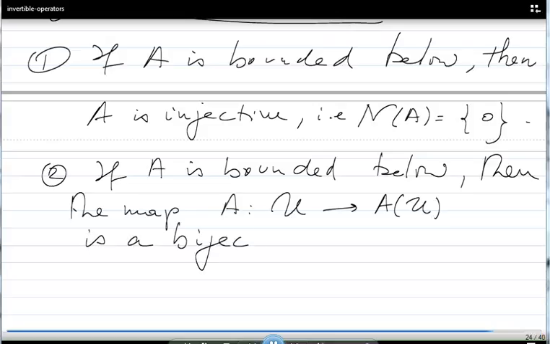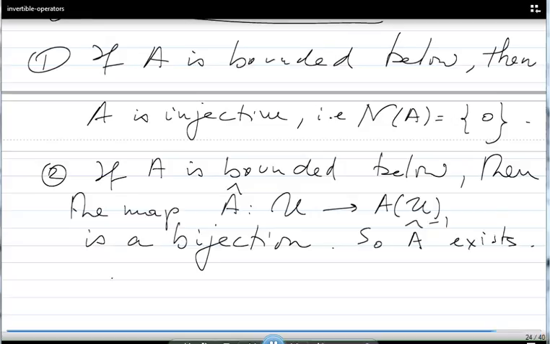So it is invertible. Now, let me call it not A, A hat, just to differentiate. So A hat inverse exists, right?